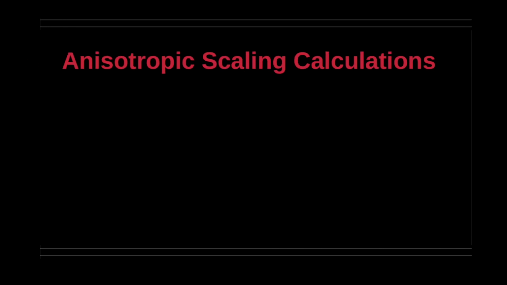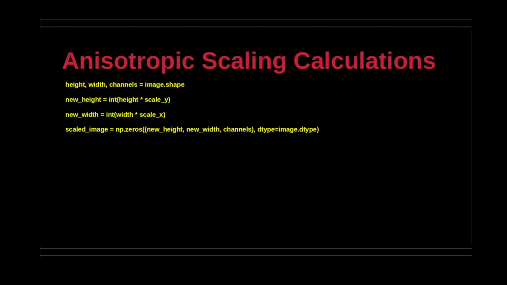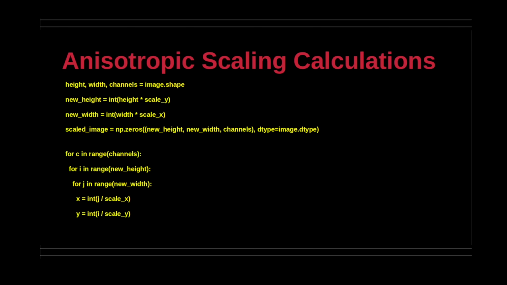The code snippet is similar to that for the isotropic scaling, except for two variations. First, the scale factors in x and y dimensions have their respective values. This is the key distinguishing calculation for anisotropic scaling.